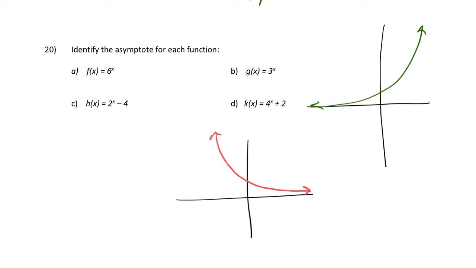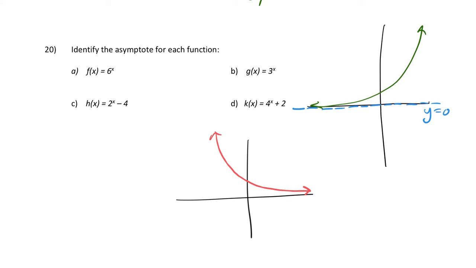Exponential functions have an asymptote. The asymptote is where our function kind of looks like it levels off into a horizontal line. If you have no vertical shifting of your function, that line is y equals 0 right here. Here's y equals 0, that's the asymptote.